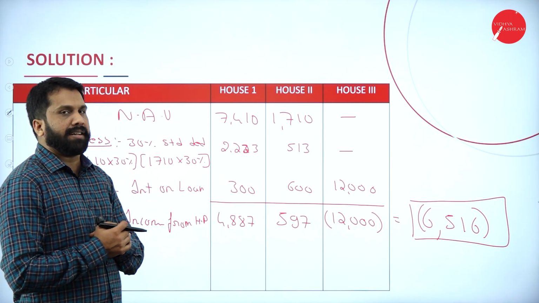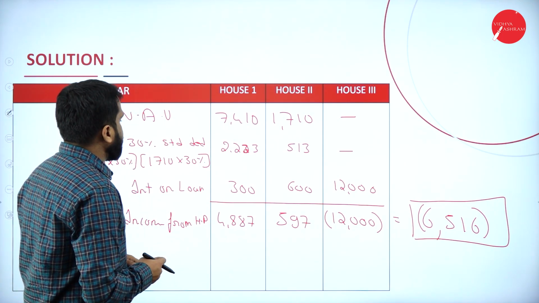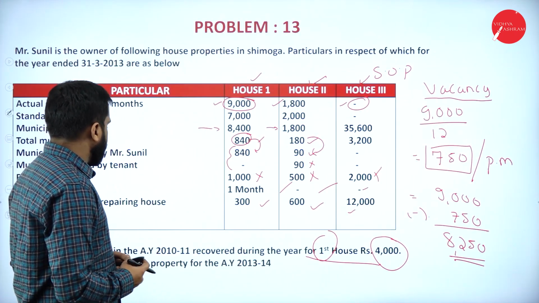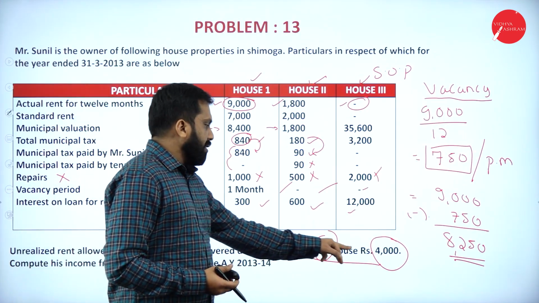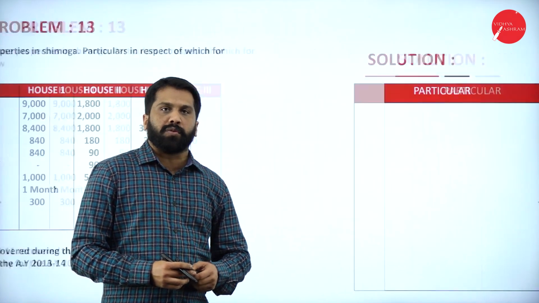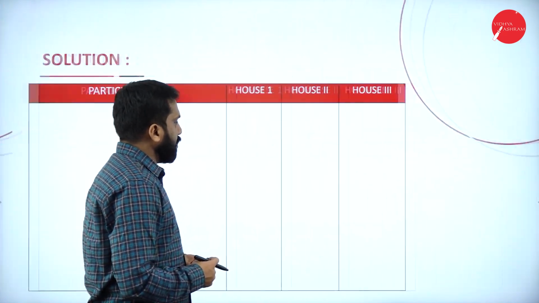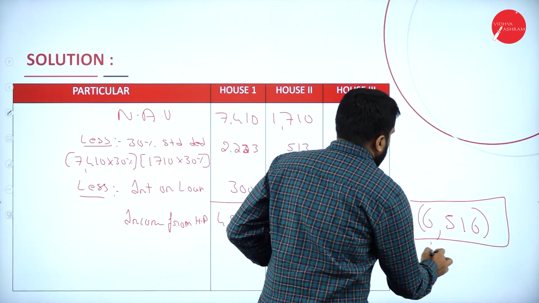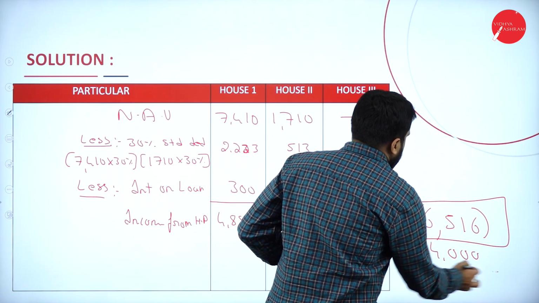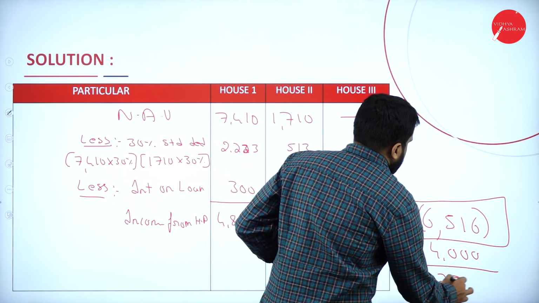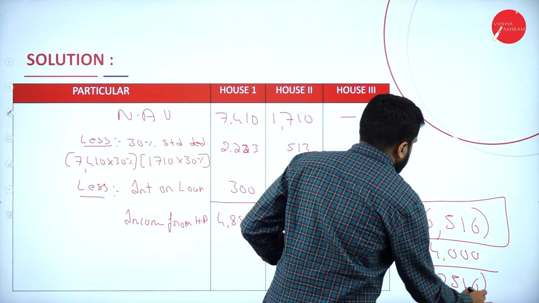What is your unrealized rent actually? Your unrealized rent, they have mentioned 4,000 you have collected for house 1. It will be how much? So 4,000, your final answer is 2,516.